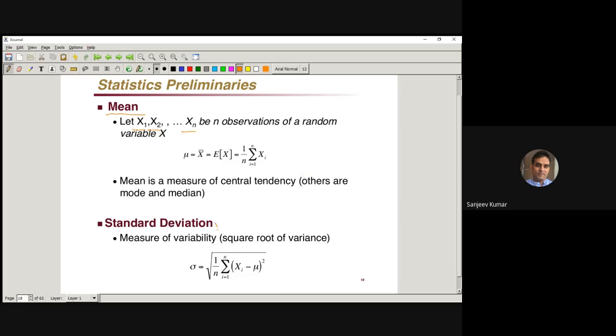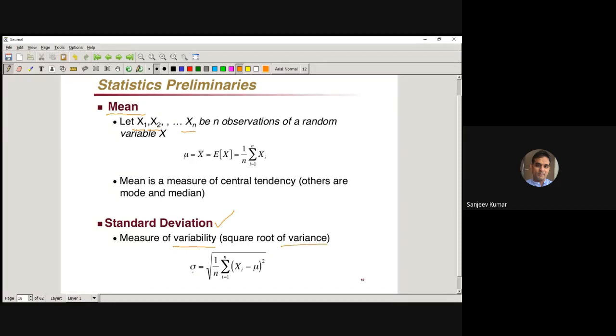The next one is standard deviation. Like mean is a measure of central tendency, standard deviation tells you how much your data is deviating from the mean. So it is a measure of variability, and it is the square root of the variance.